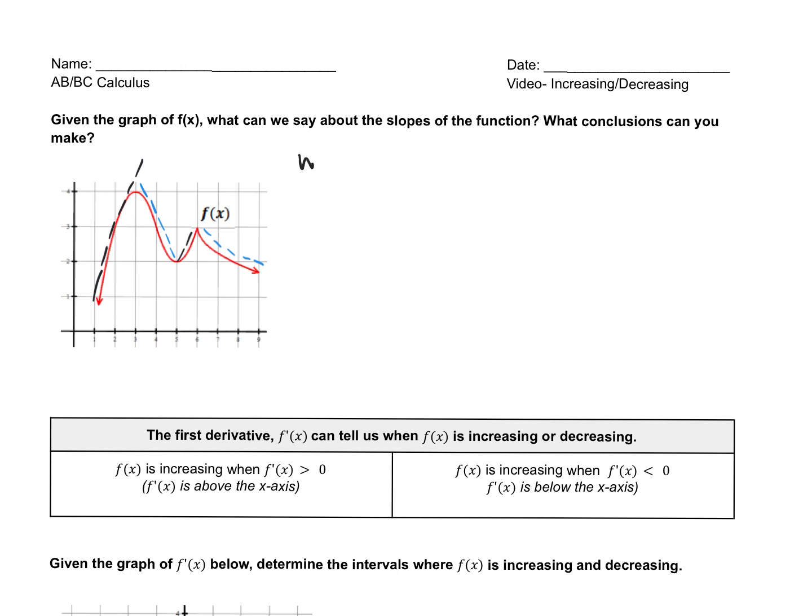So we can say when f of x is increasing, and we're not going to say slope of the tangent line, we're just going to say f prime of x, because that's what that means. So f prime of x will be positive.